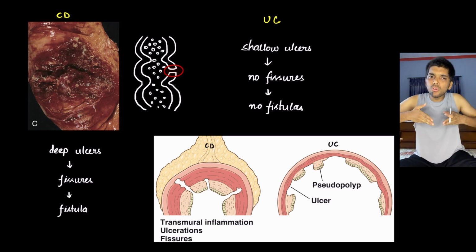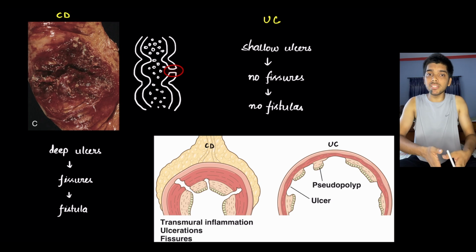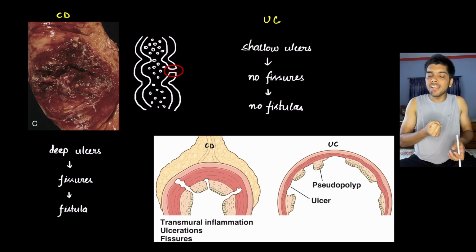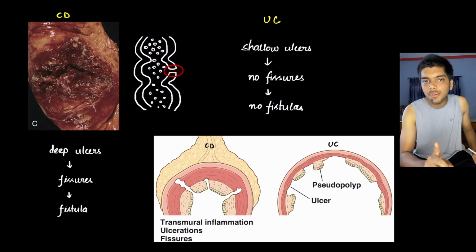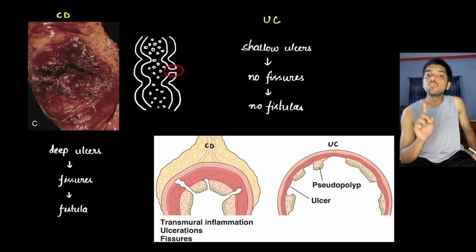Sometimes these fissures grow so much that they create perforations in the wall of the intestine. As a result, the cavity inside the intestine communicates with the cavity outside. This pathologic communication between two cavities is referred to as fistula. So there is fistula as well. In ulcerative colitis, are there deep or superficial ulcers?